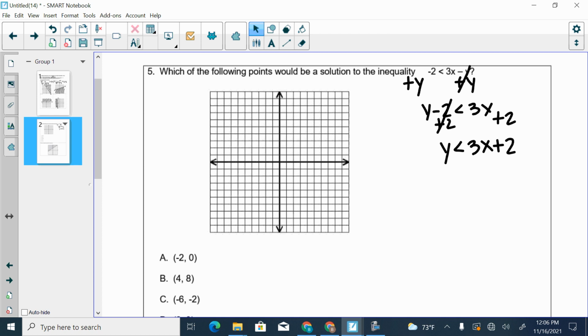All right, so where does this one start at? Good. I'm going to go up there to positive 2, and then that 3 tells us we're going to go 3 up and over 1. Very good. Okay, are we going to have a dotted or a solid line?